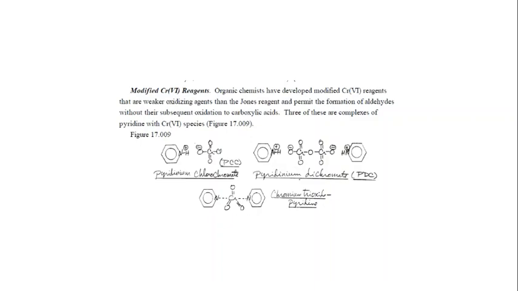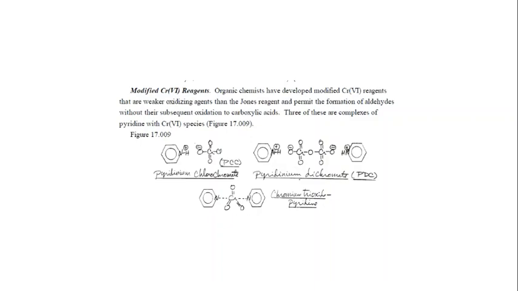I mean, if we try it on the primary alcohol, it will only stop at the aldehydic stage. It will not take the reaction further towards the carboxylic acid. So this is called the selective oxidation.